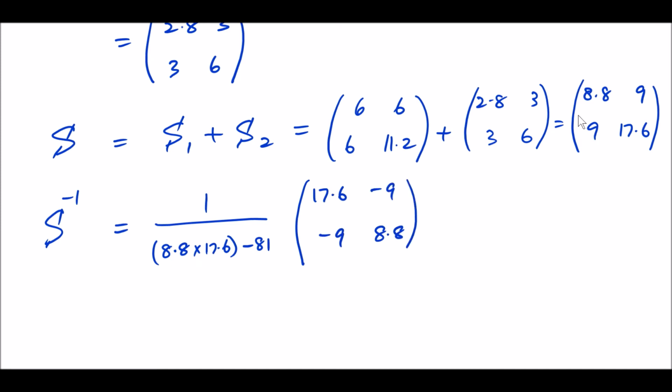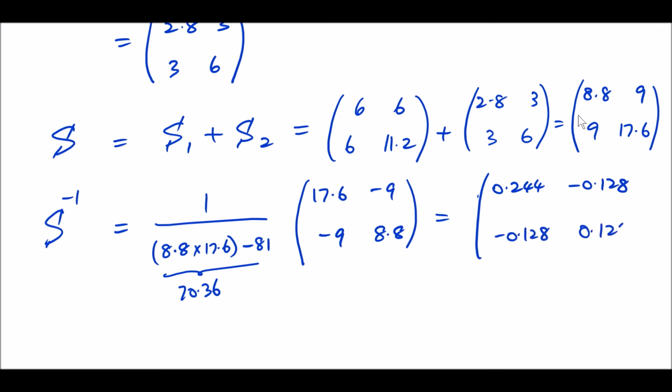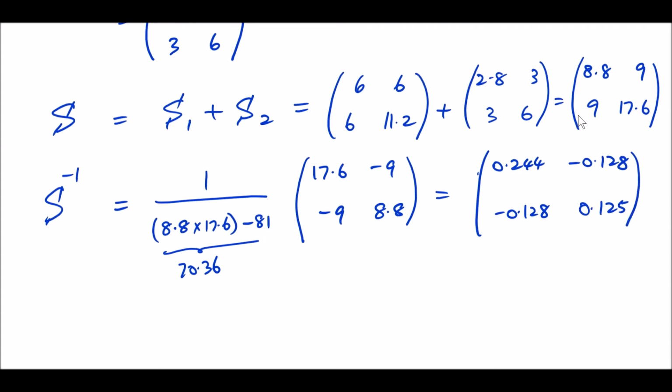This whole thing is S inverse. You simplify, 70.36, and if you calculate the inverse, you get 0.244, minus 0.128, minus 0.128, 0.125. That is the inverse of the scatter matrix.